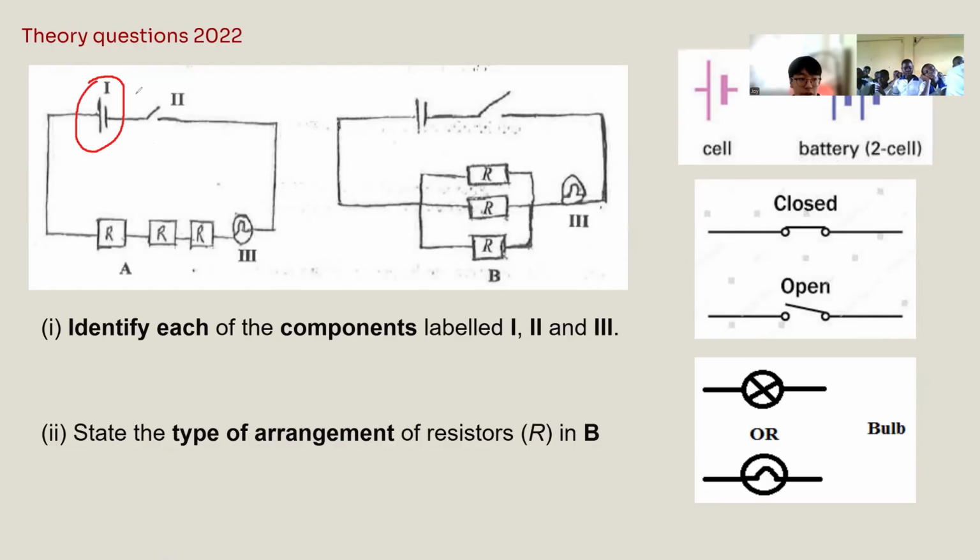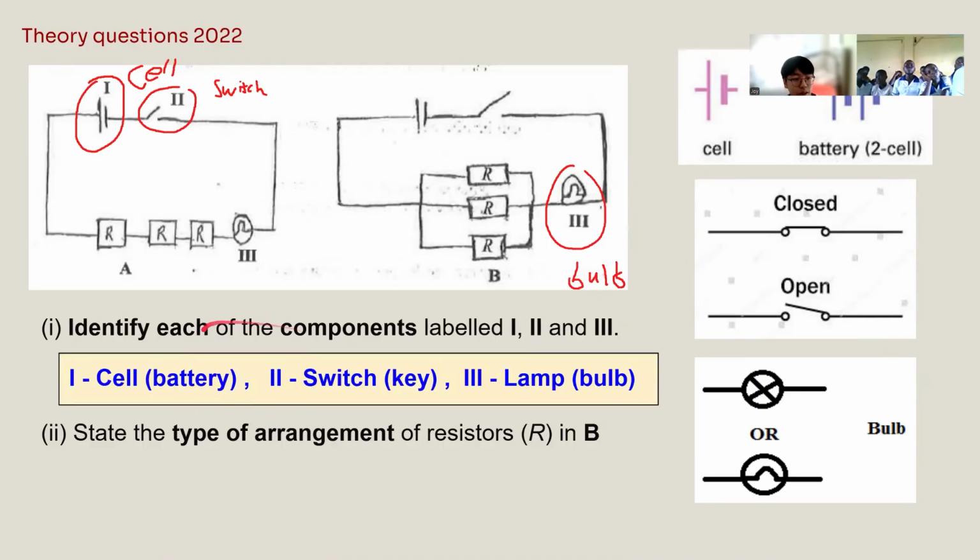Yes, that's right. It's a cell. And what is this one? Great. Yes, that's right. It's a switch. And finally, this one, the third one. Yes, that's a bulb. Great job. One is a cell, battery. Two is a switch or a key. Number three is a bulb or lamp.